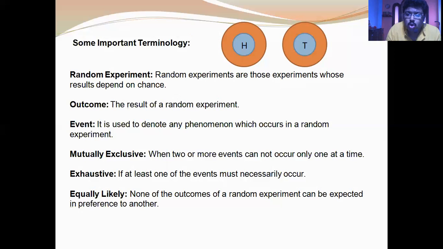But when you toss two coins at a time, and a head and a tail appear, sorry, first, HH, when you toss two coins at a time and HH appears, this HH is an elementary event. But when head and tail appear, this head and tail is a composite event, because you can decompose it in a simpler way.